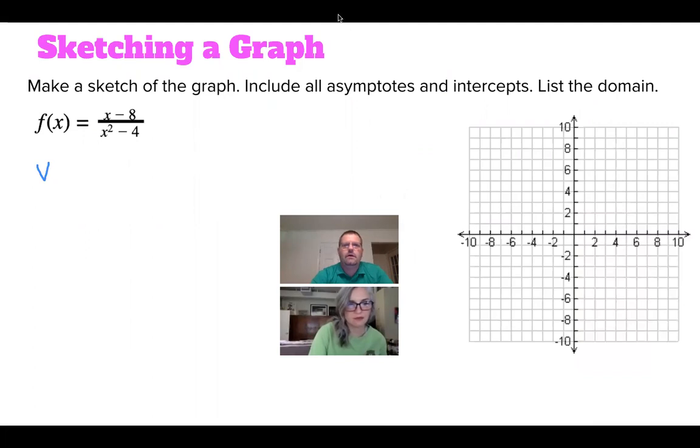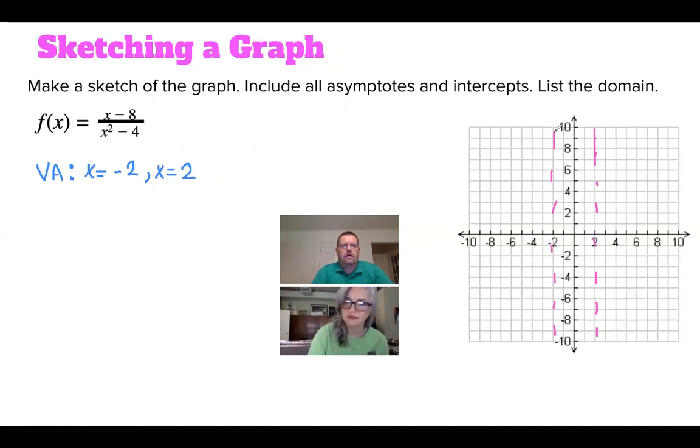So we've got vertical asymptotes at x equals -2 and x equals +2, because neither of those factors are going to divide out with x minus 8. That means we have no holes in the graph.